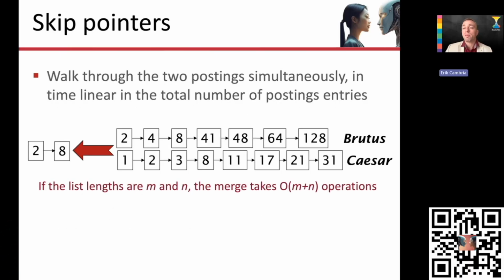So to conclude this lecture, let's talk about some optimization techniques. First is skip pointers. How can we do the merge operation faster?